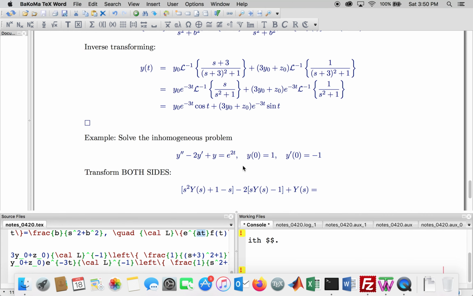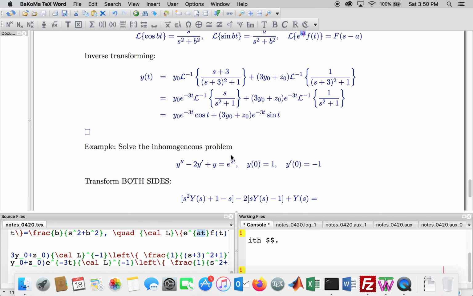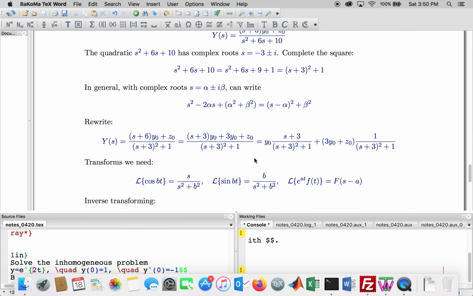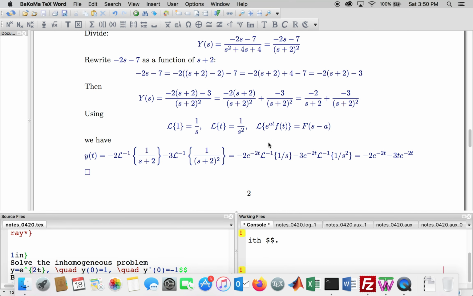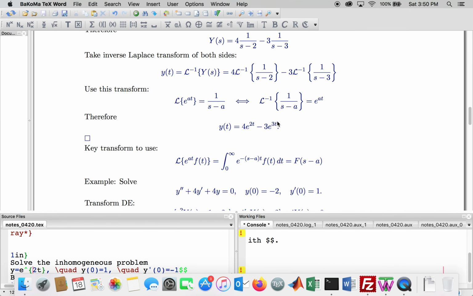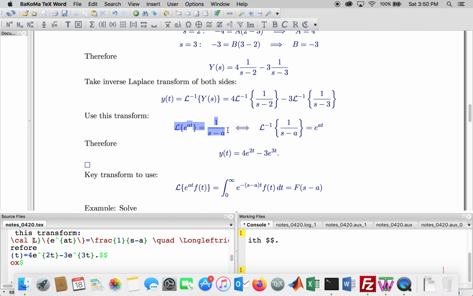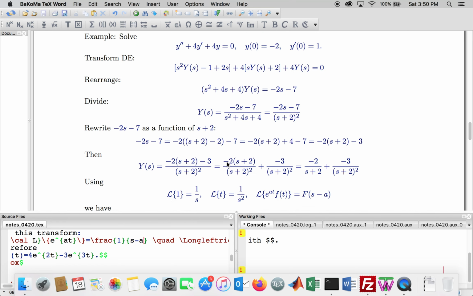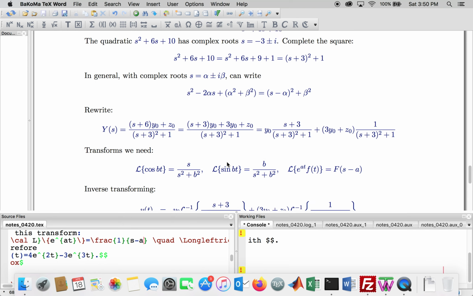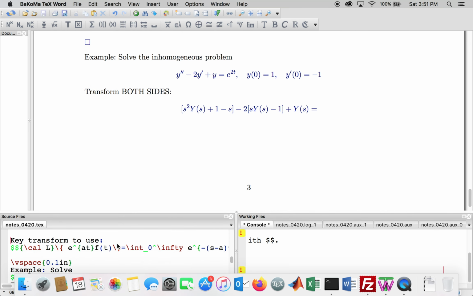In this case, we have e to the 2t. So this rule right here: the transform of e to the 2t is 1 over s minus 2. So that's what we'll have on the right side.